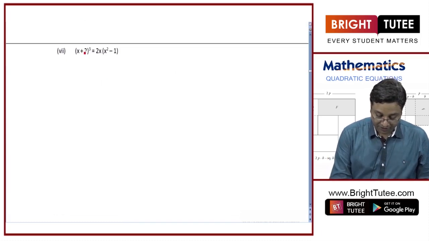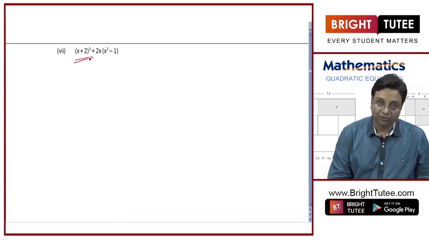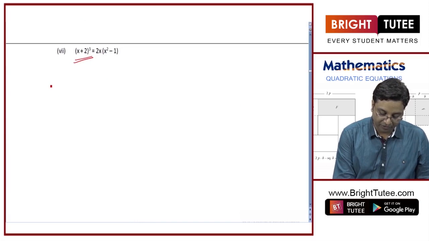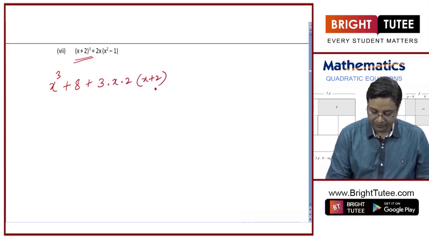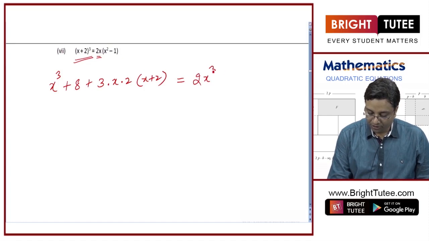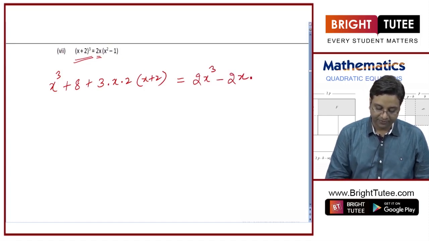Now let's look at this one. We have got x plus 2 cubed. So let's solve the cube part first. x cubed plus 2 cubed is 8 plus 3 into x into 2, x plus 2. This is my left hand side. On right hand side, when I multiply this 2x, it will give me 2x cubed minus 2x, right?